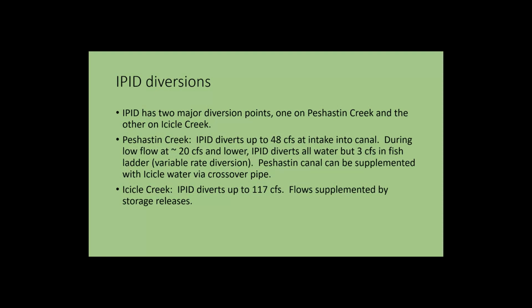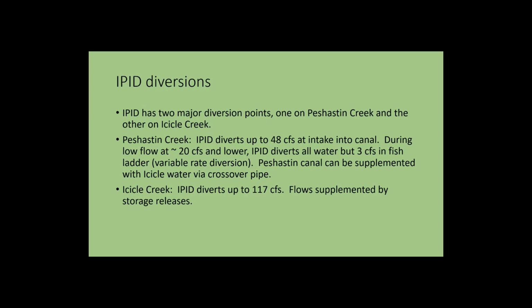So IPID stands for Icicle and Peshastin Irrigation Districts. They have two major diversion points, one on Peshastin Creek and the other on Icicle Creek. They have one other that I'll mention when we get to the map. On Peshastin Creek, they divert up to 48 CFS at their intake into the canal.